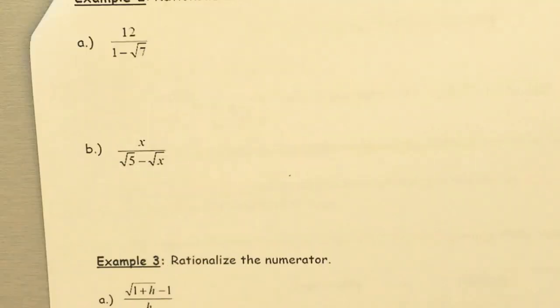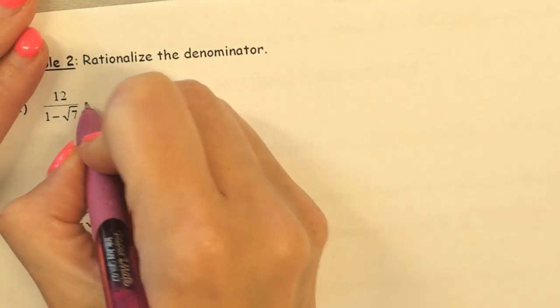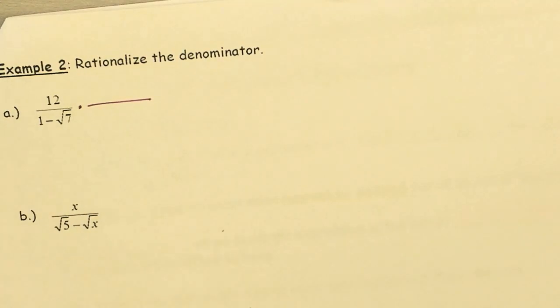All right. So in example 2, we're going to be rationalizing the denominator. Do you guys think you can do A without me, or do you want a little hint to get you started? So you're rationalizing the denominator, so you have to multiply the same thing by the top and the bottom.